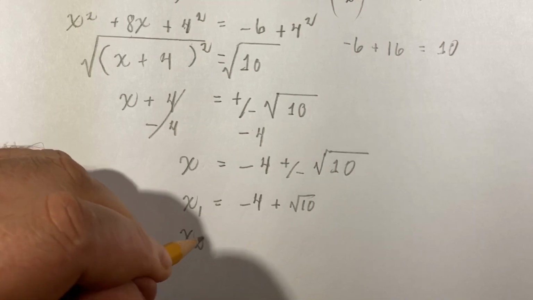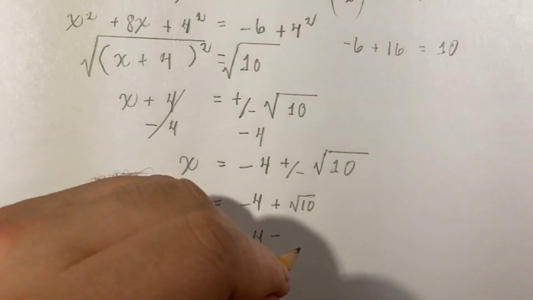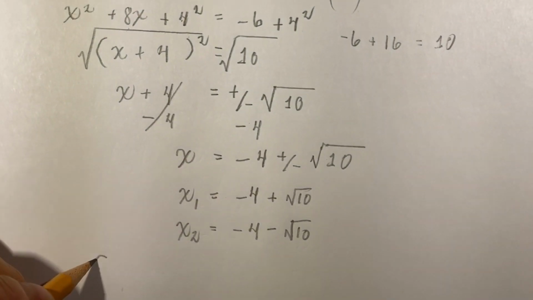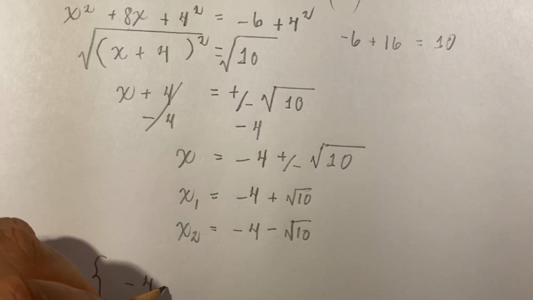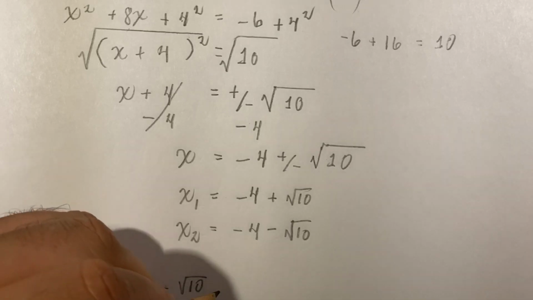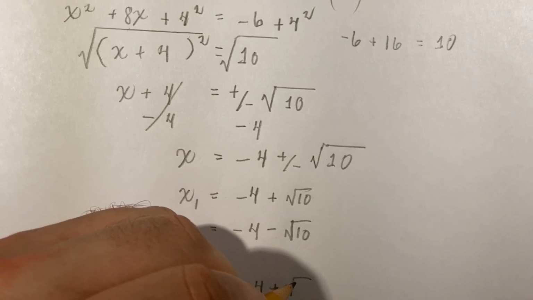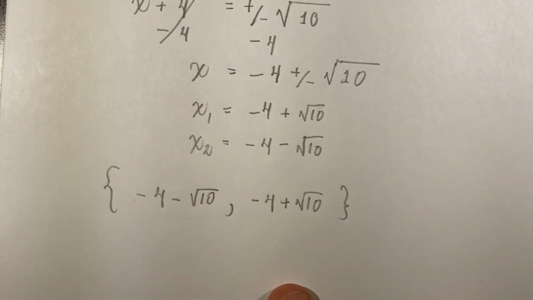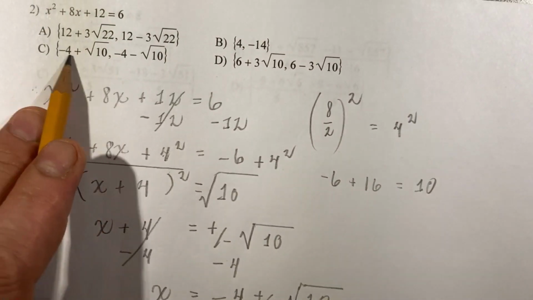And then x2 is equal to -4 minus the square root of 10. And so your two solutions would be -4 minus square root 10, comma, -4 plus square root 10. There they are. Okay, so we'll go find that answer here.